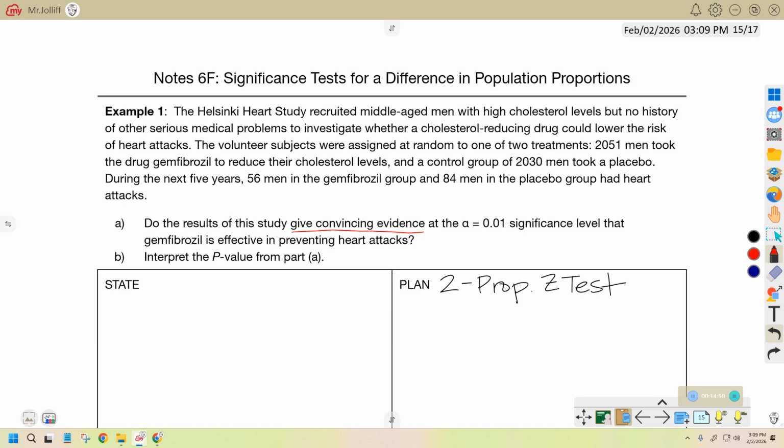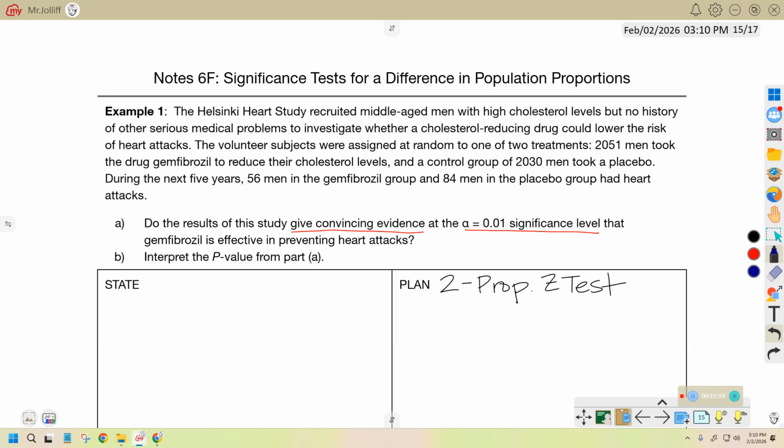I know anytime they're asking me about convincing evidence, that's a significance test. I know anytime they give me a significance level, that's a significance test. How do I know that it's 2 proportions and not 1 proportion? Very good. I was given information on two groups.